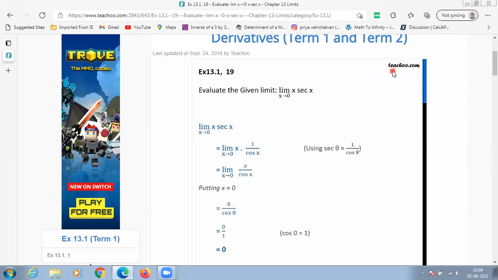All right. Can you create a question like this on your own? You can change the degree of this x.